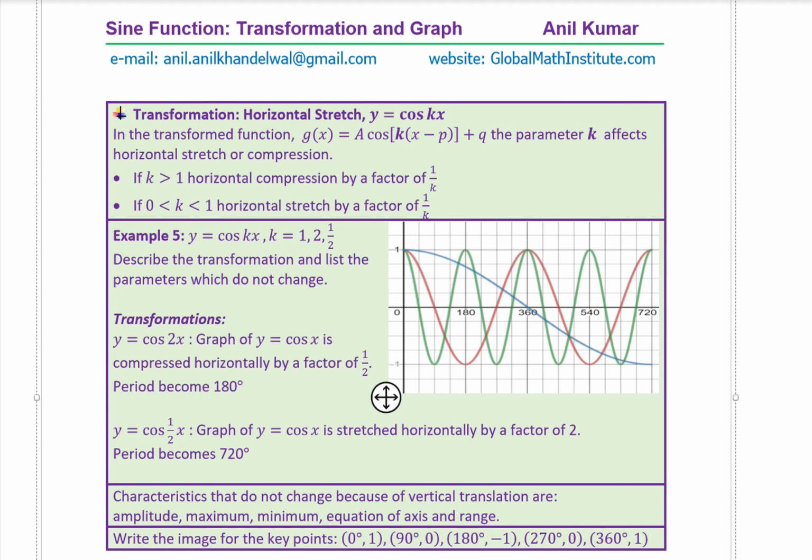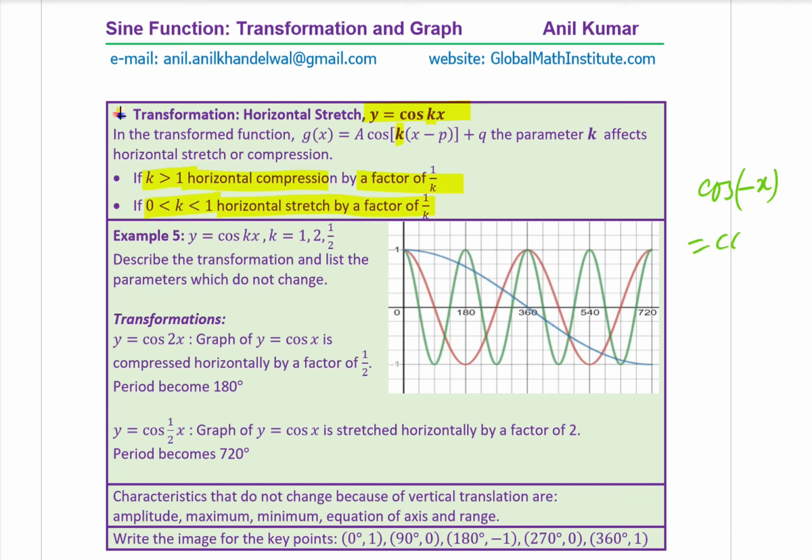Now here is another one where we'll talk about the horizontal stretch. Horizontal stretch is given by the parameter k. If k is greater than 1, then we get horizontal compression by a factor of 1 over k. But if k is between 0 and 1, we get horizontal stretch by a factor of 1 over k. If the k value is negative, then what? Cos of minus x is equal to cos of x.